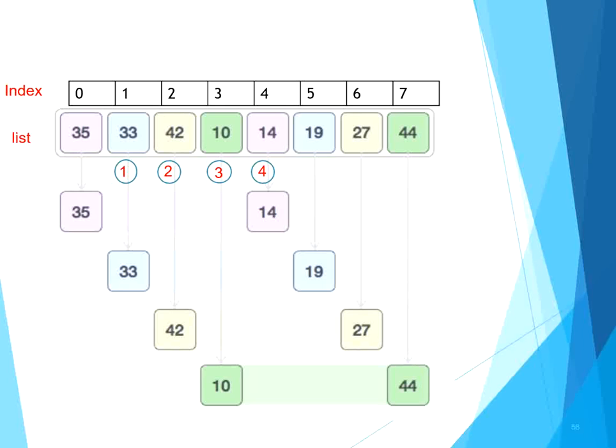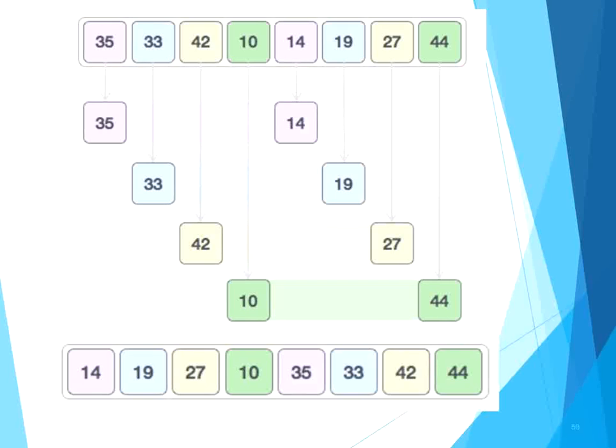So we have seen that we have divided the array into intervals of 4 at pass 1. Now we will compare the elements. We will compare 35 with 14, 33 with 19, 42 with 27, and 10 with 44. Because we want to sort our array in ascending order, we check whether 35 is greater than 14.